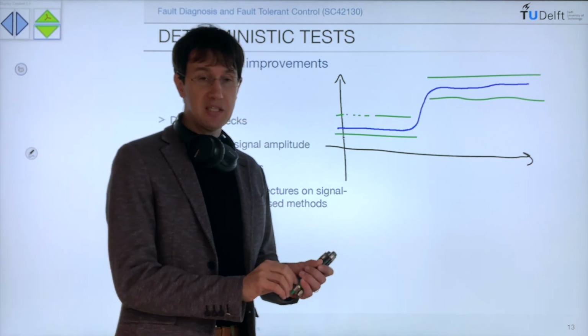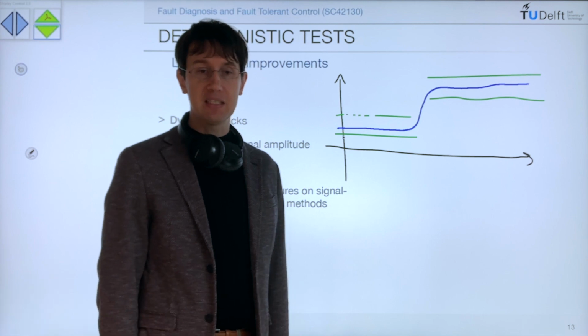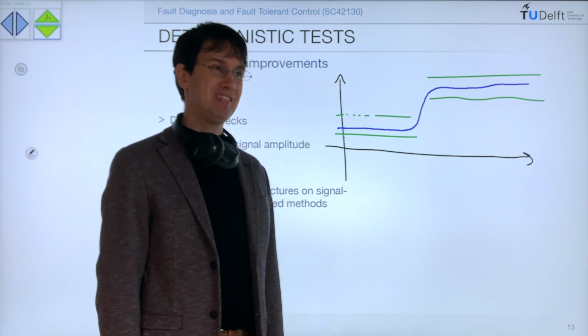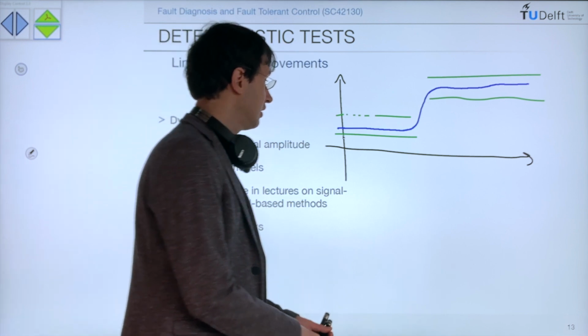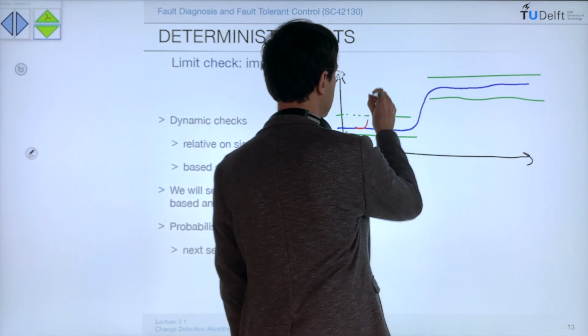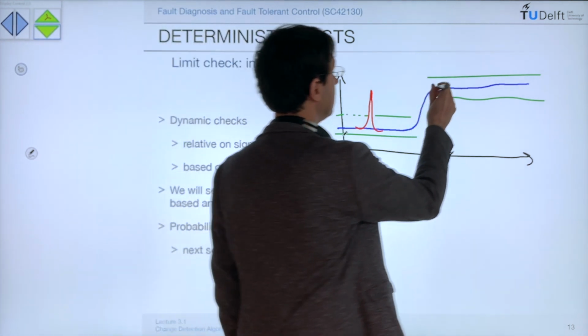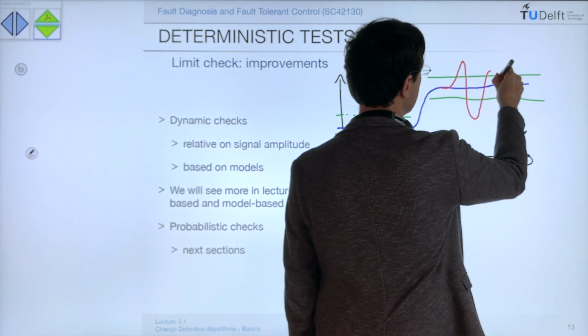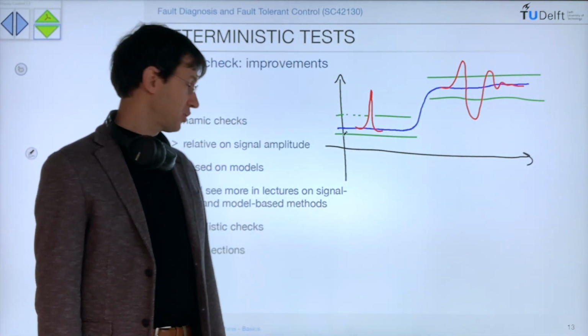This approach is particularly good if all that you want to detect is some anomalous spike or other behavior, like this. So if you have a spike like this, or something like this, then you are going to detect it very easily with this approach.